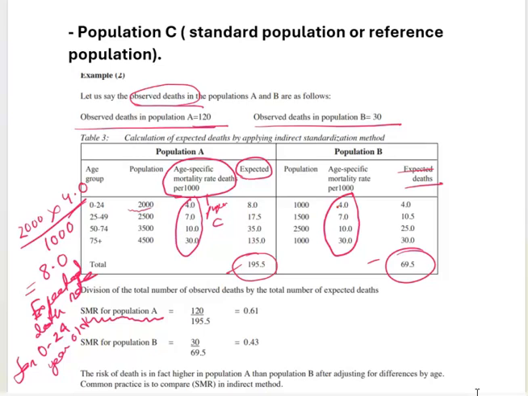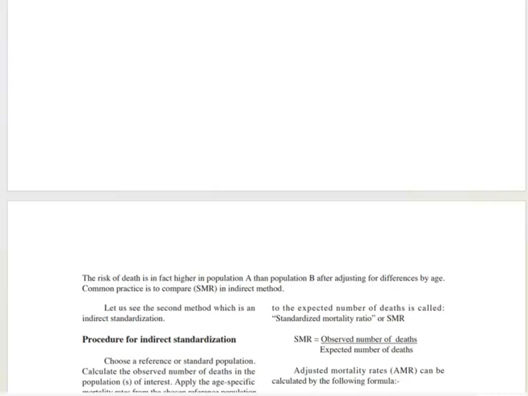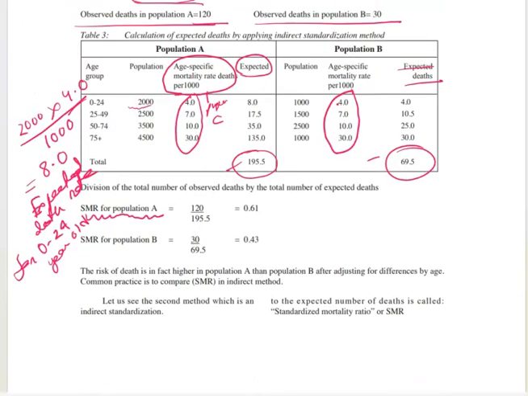If we divide, we'll get 0.61 for population A. The standardized mortality rate formula is observed number of deaths divided by expected number of deaths. So we use this formula to get the standardized mortality rate, which is 0.61, and for population B is 0.43. From this calculation, we see that population B has comparatively less mortality than population A.